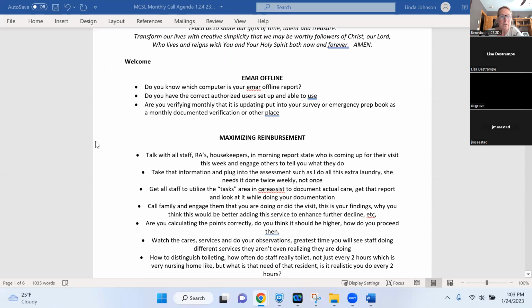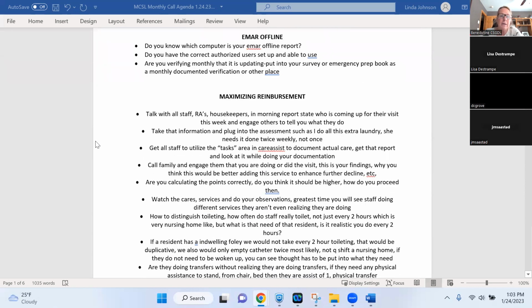Okay. Just want to go over a little bit about maximizing reimbursement. It's always a hot topic of the day. I get a lot of calls on that, and I just think some good pointers are talking to your staff before you do that visit with your resident, before that 90-day or whatever visit it is.